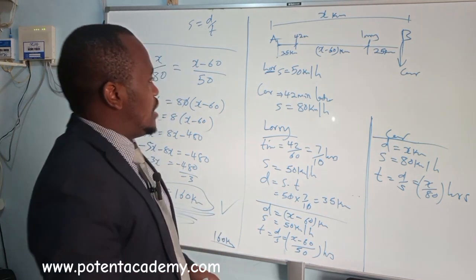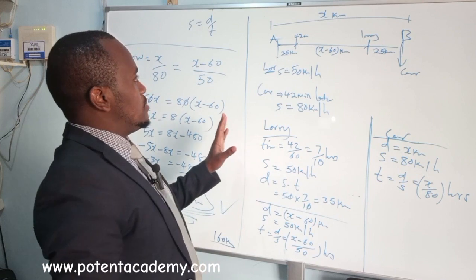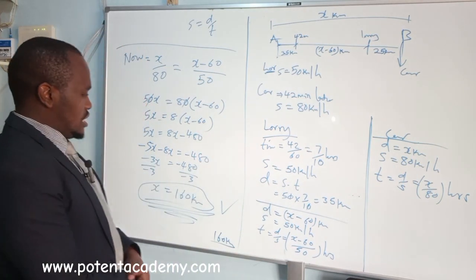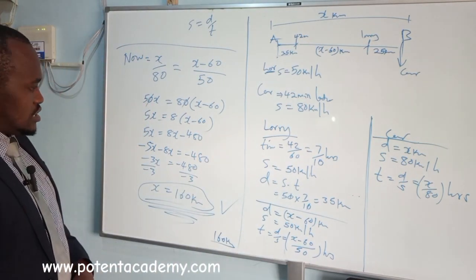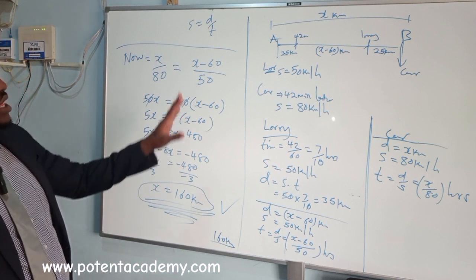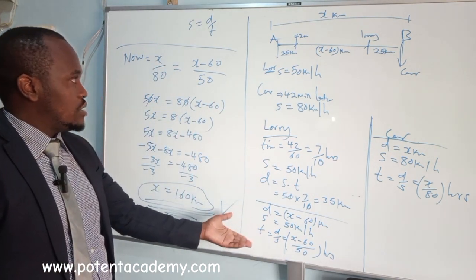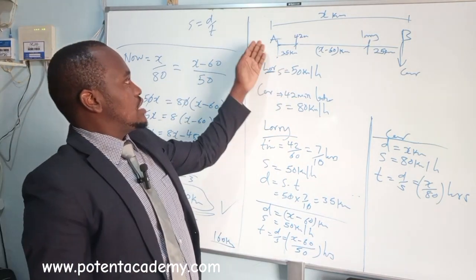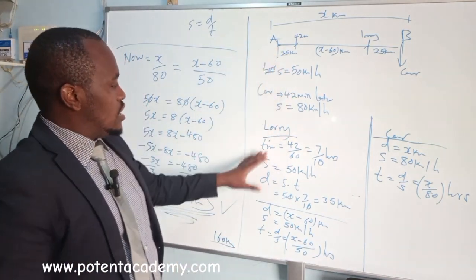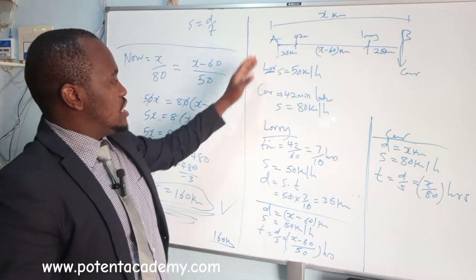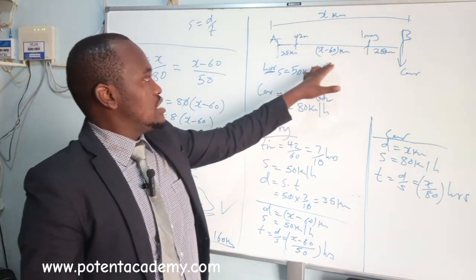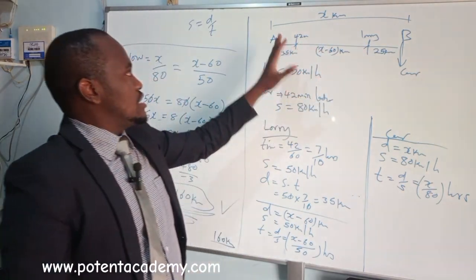Now, you will have an answer. There are two ways of doing this. You can equate at the distance or the time. This time we have equated the time. You could have found the distance that is covered and say the distance that the lorry takes is this plus this plus this. That is x.